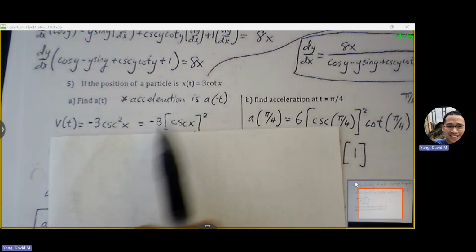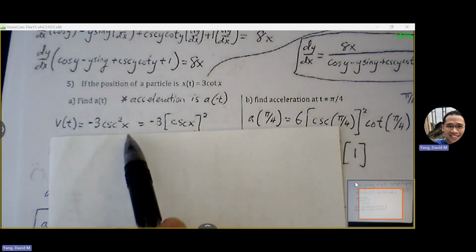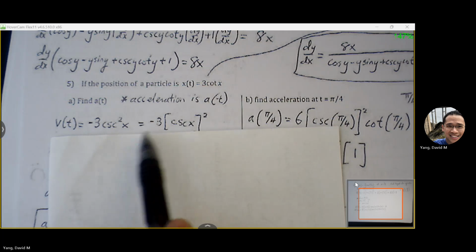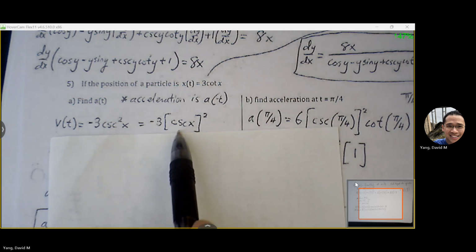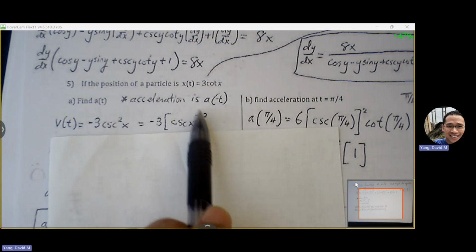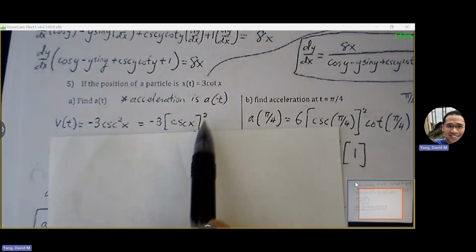Cotangent's derivative is negative cosecant squared x. Get that bracket to show up so that we can get ready for our next set of derivatives.